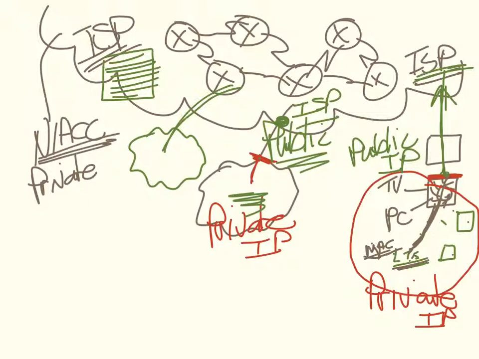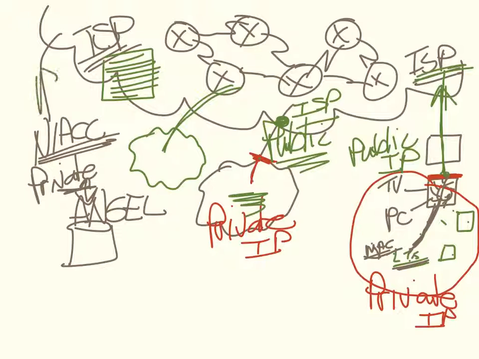It has different public addresses so you can get in to different servers. For example, when you come into Angel from the outside, that has a private address matched up with a specific public address. And that's why they match. We'll see more examples of that in a little bit. And that's it.